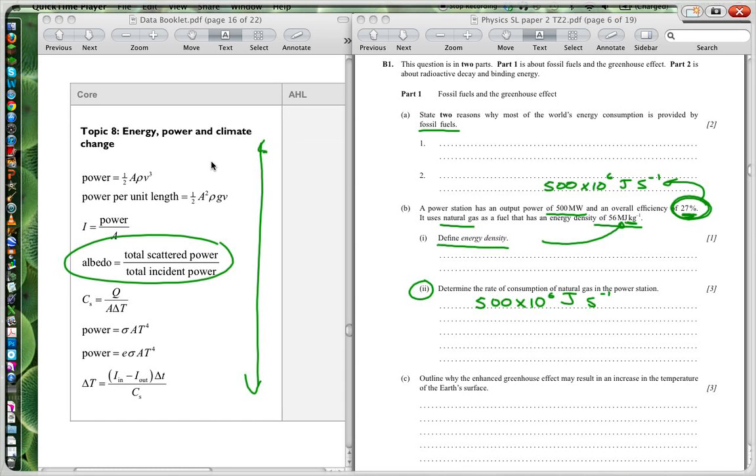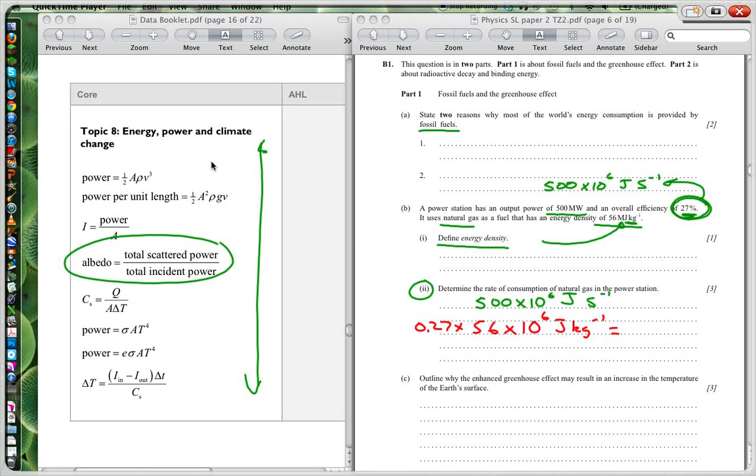So we've got 56 times 10 to the 6 joules per kilogram, and if we multiply that by 0.27, we will get the amount of energy per kilogram that actually gets used.